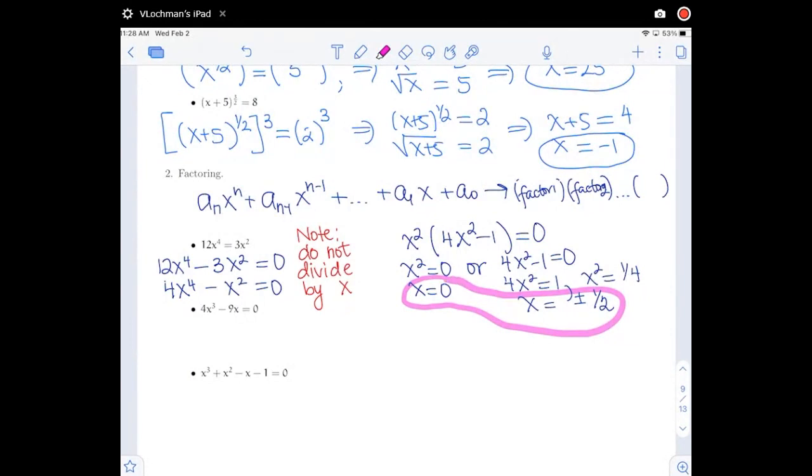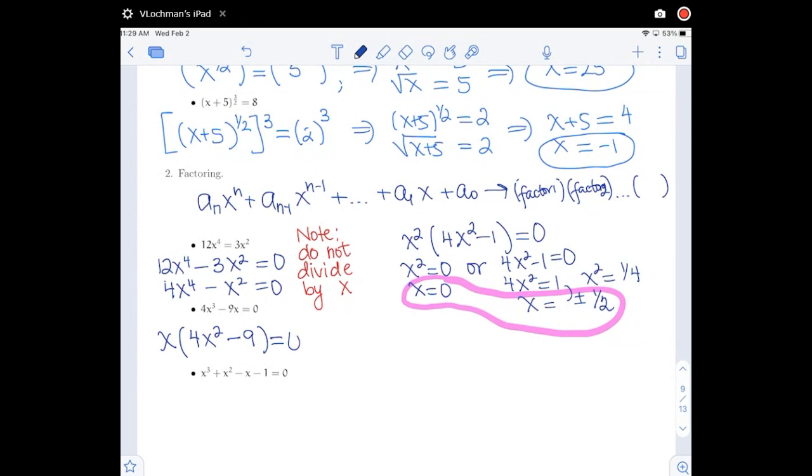All right, let's solve them all, and then we'll discuss any questions. Next one, I have a cubic expression, right? 4x to the third minus 9x equal to 0. I do not have common factors for the coefficients, I can't cancel anything, that's all right. But I do have a common factor of x. So if I factor out x, I'm going to get 4x squared minus 9 is equal to 0.